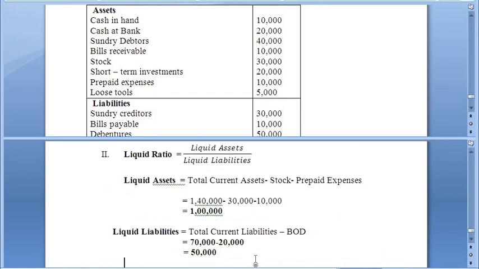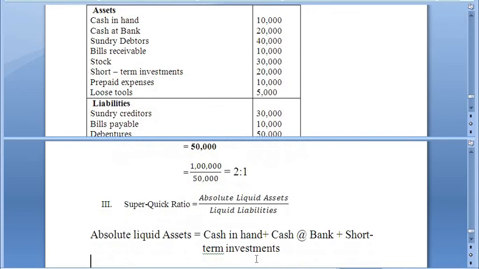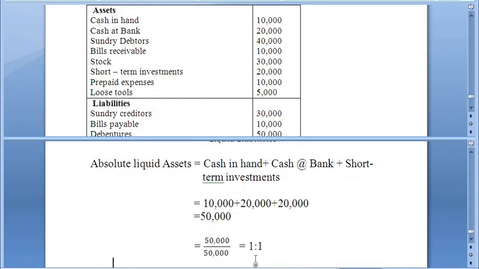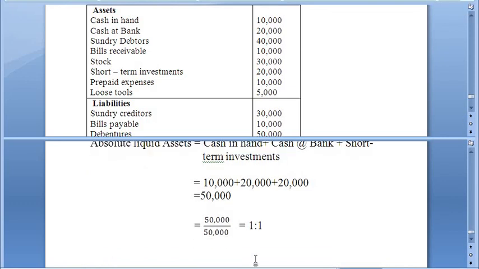Liquid ratio: the ideal liquid ratio is 1:1, and here the actual liquid ratio is more than the ideal or standard liquid ratio. And the third one, super quick ratio: the ideal is 1:1 and the actual super quick ratio is 1:1, which means the conclusion we can write here.